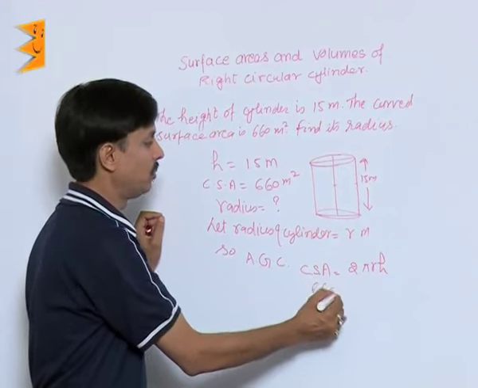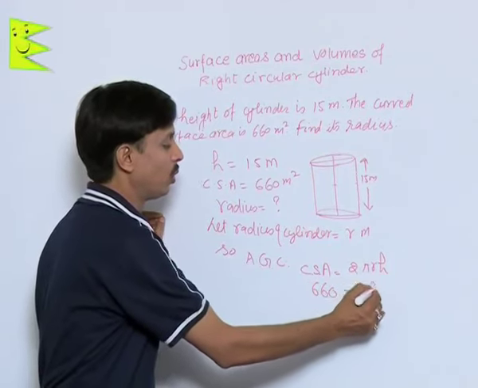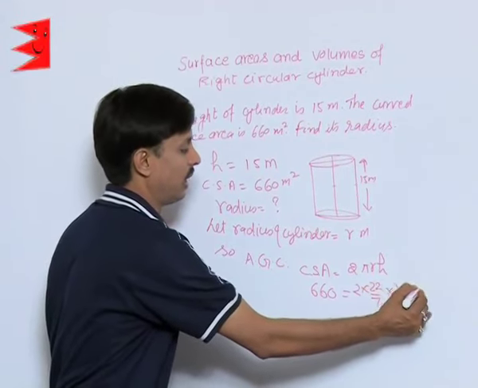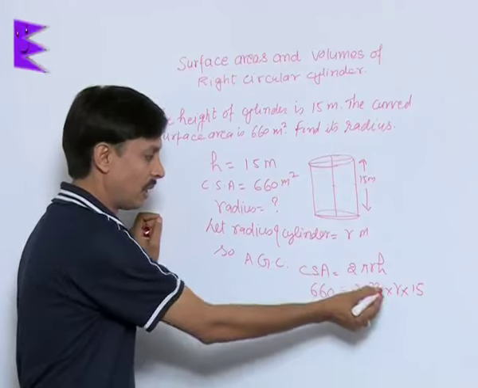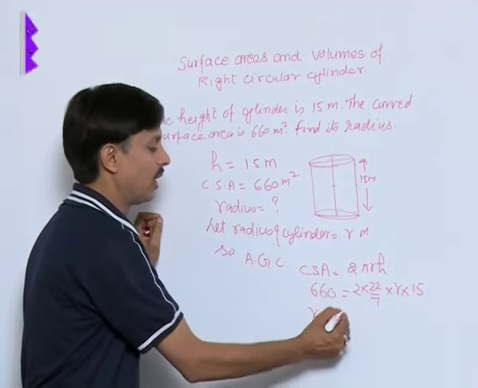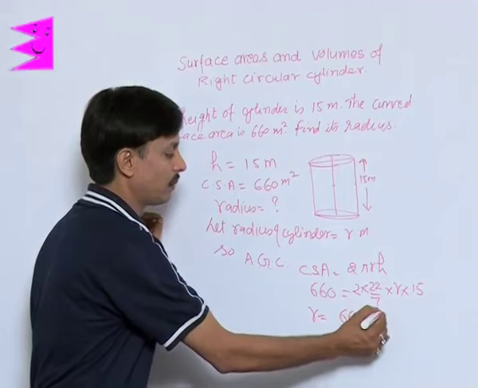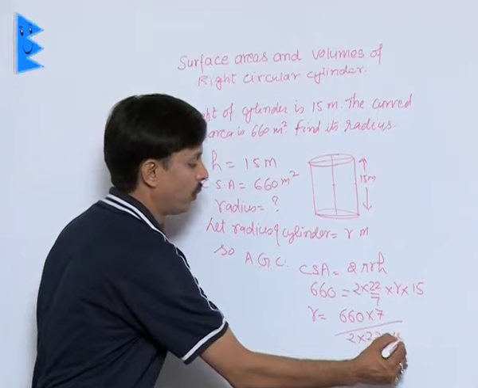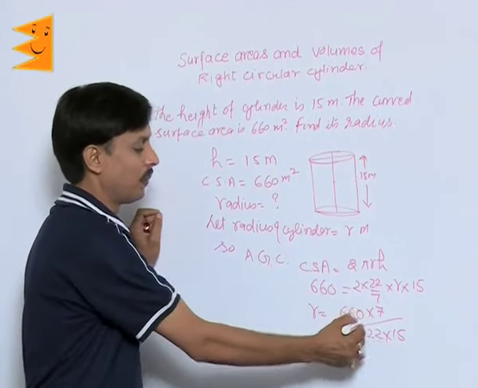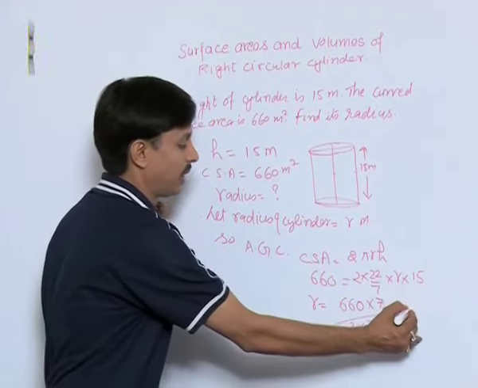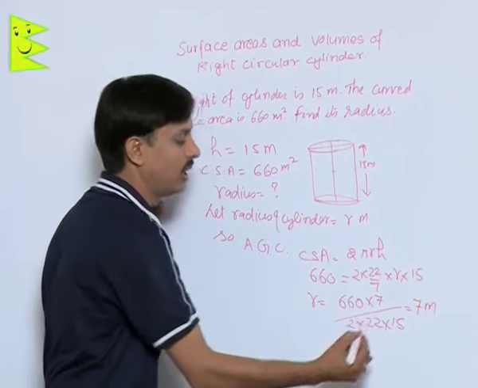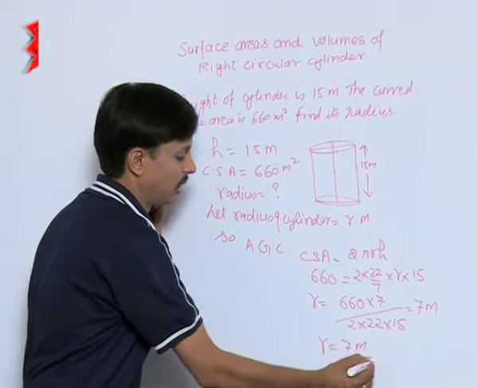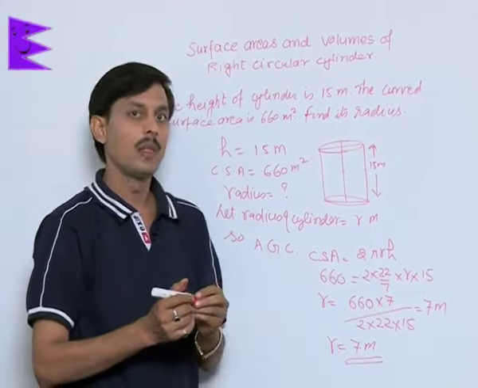CSA is 660 meter square, 2 into pi 22 by 7, radius r and height 15. So with the help of this relation, radius will be 660 into 7 upon 2 into 22 into 15. You will simplify and get radius equal to 7 meter. Hence the radius of the cylinder is 7 meter.